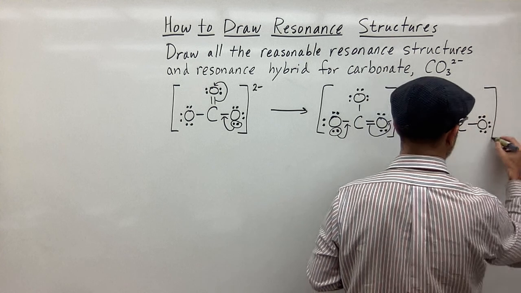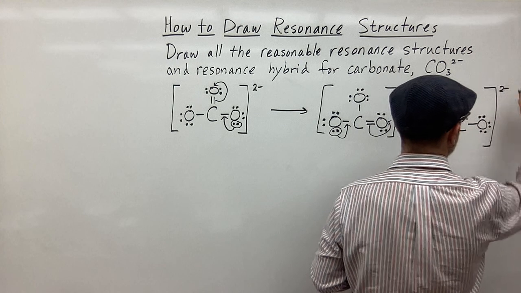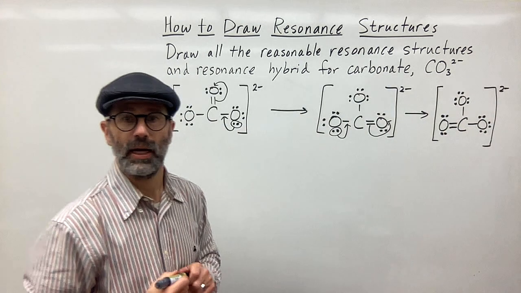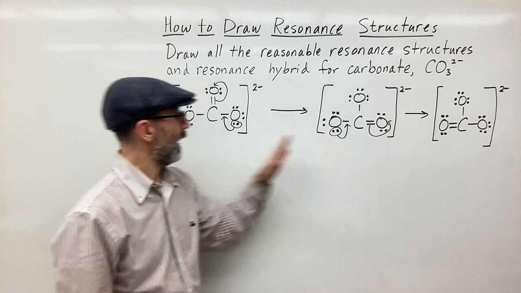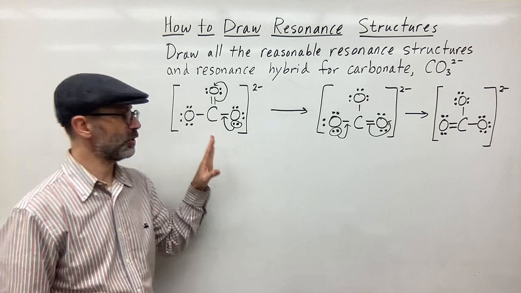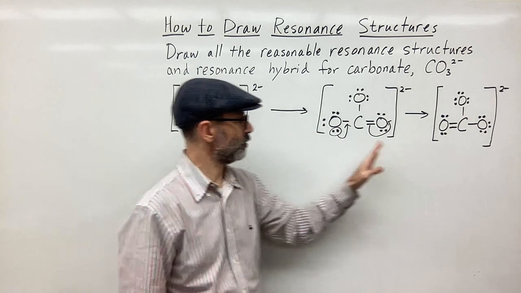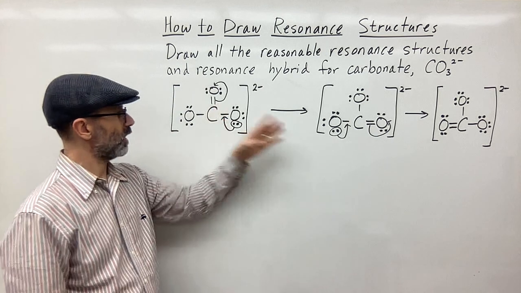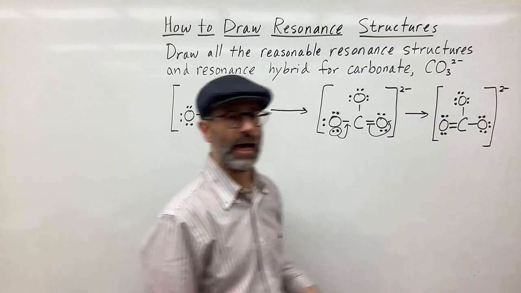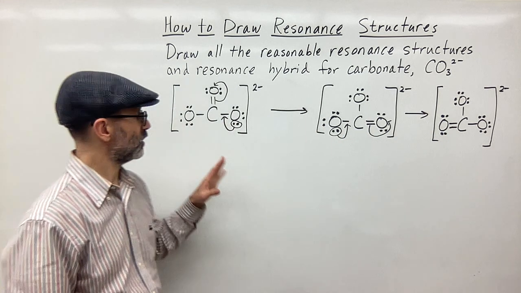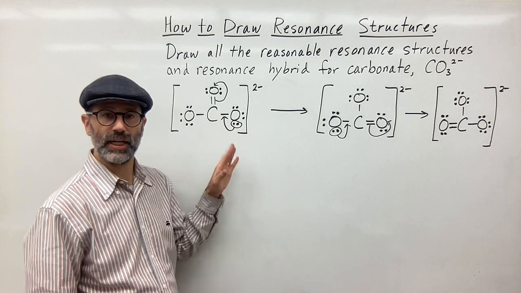Like so. As you can see, the only difference between these three Lewis dot structures is just the placement of where the double bond is, based on the movement of electrons.